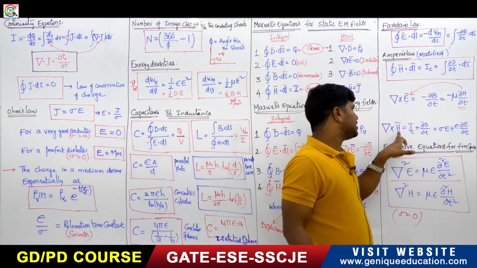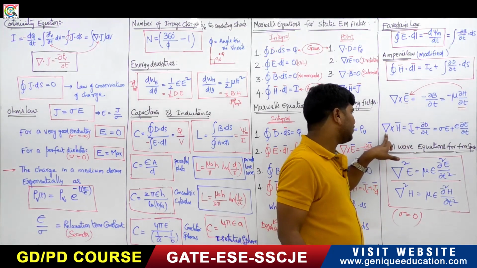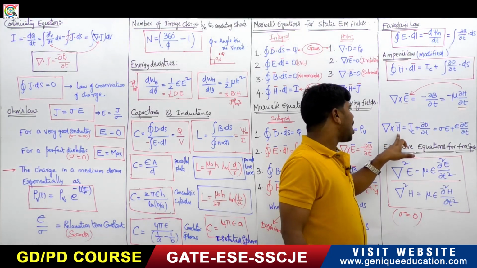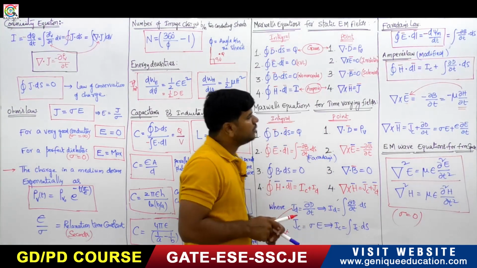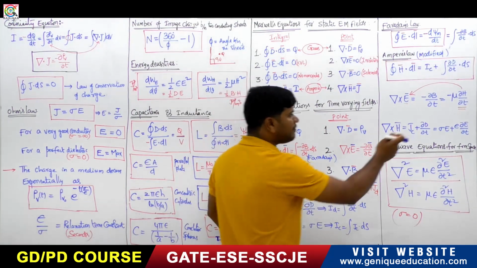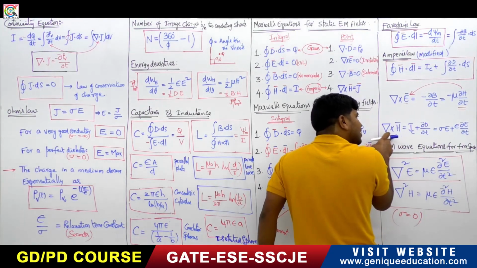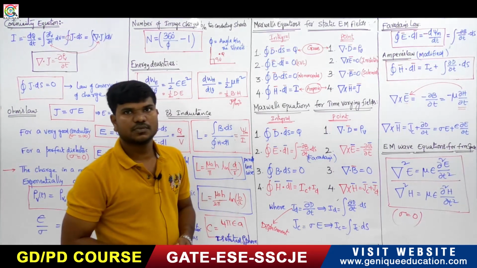The magnetic field is generated. Which kind of magnetic field is it? It is a space varying magnetic field, and the magnetic field produced here is orthogonal to the electric field you have taken. So the time varying electric field produces an orthogonal space varying magnetic field.